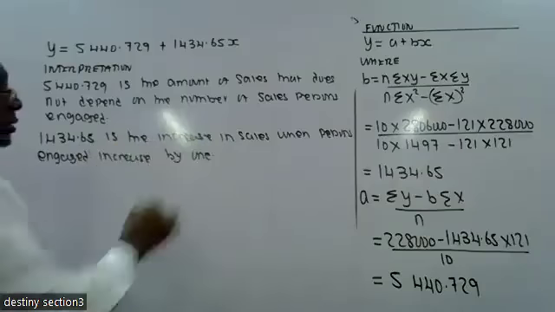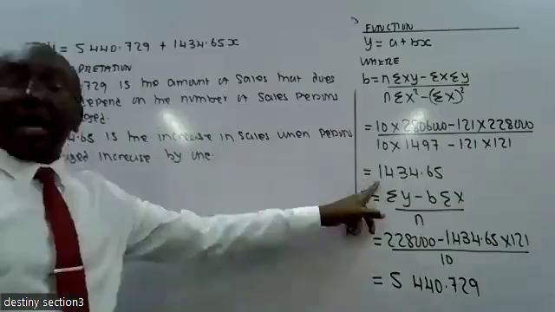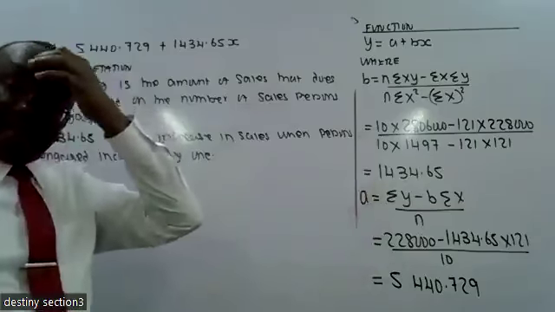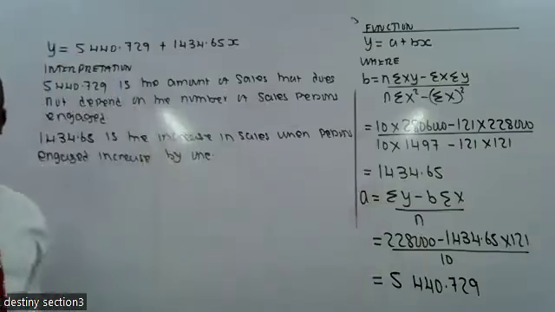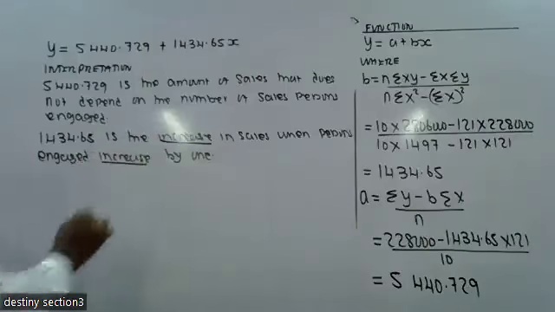Now, remember the sign here is positive. So this shows a direct relationship. And I told you earlier that a direct relationship means they are changing towards the same direction. That's why we say increase in sales when the salespersons increase. They are changing towards the same direction.